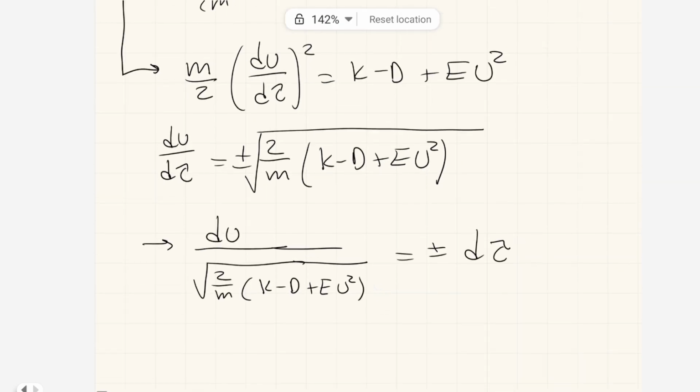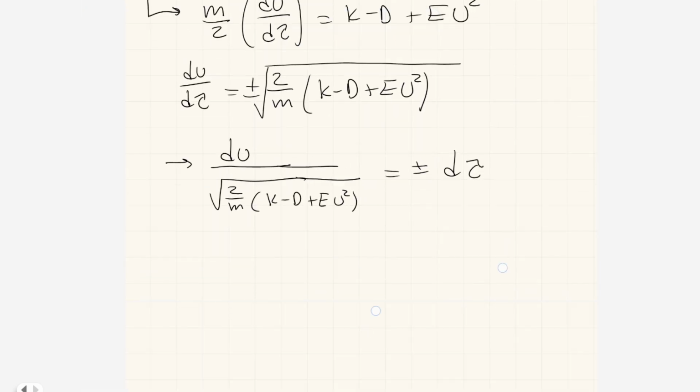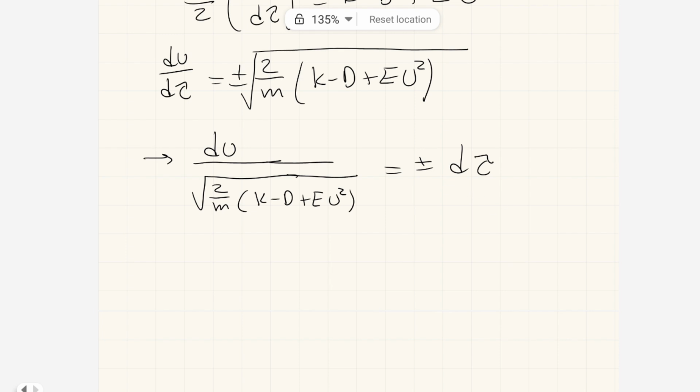With this, it is very easy to find a function of u in terms of tau, and remember that we have a relation between tau and the time. So this will be the way to solve the equation that gives us the motion in the variable u.